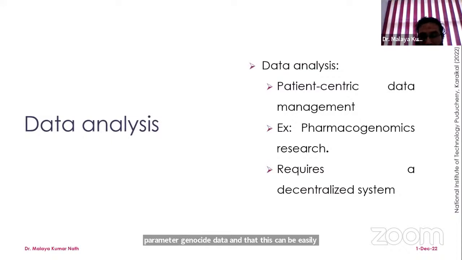Basically, we have to develop a model to predict ovarian cancers. This blockchain platform is used for sharing healthcare data, patient records, as well as ovarian cancer prediction from the ovarian cancer data. So here in data analysis, we are using pharmacogenomic research data.